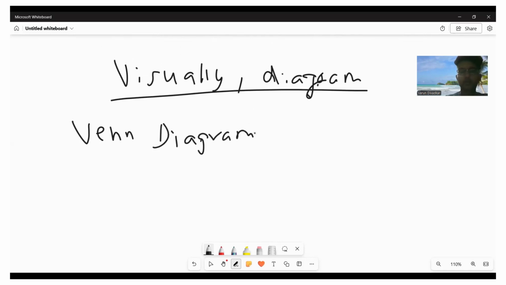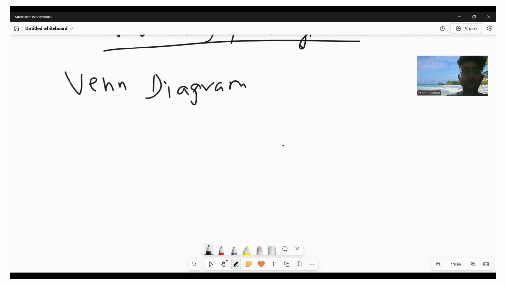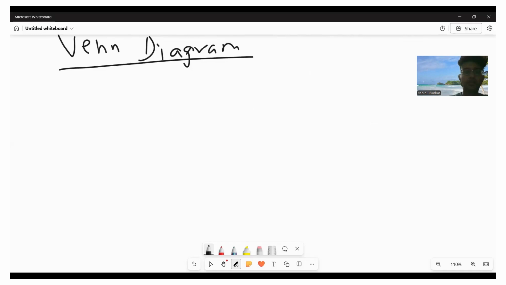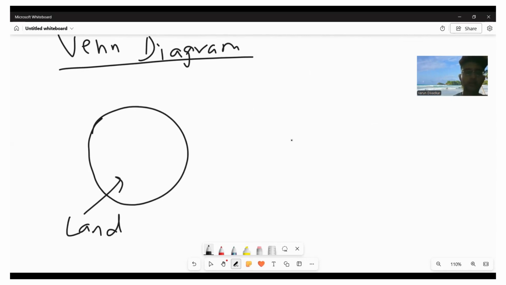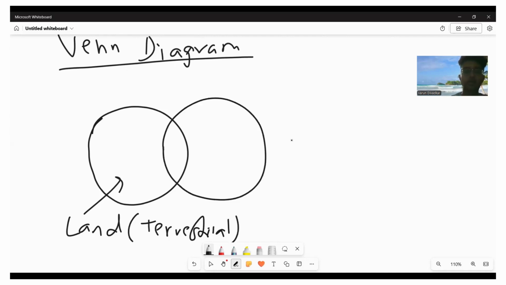So say you have the set of all animals that live on land, right? So like these are say terrestrial animals. And then you have the set of all animals that live in water. This is a set of aquatic animals, right?